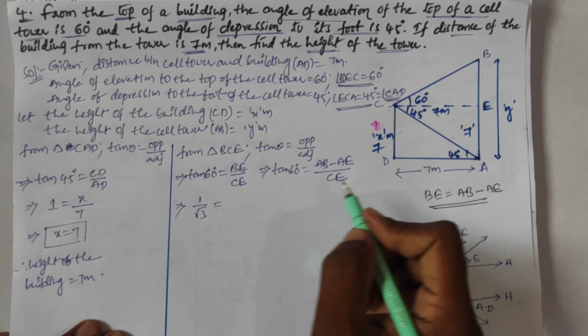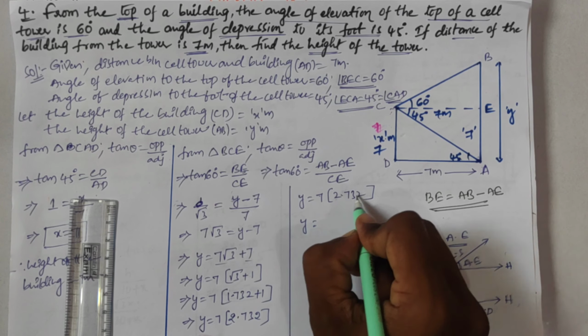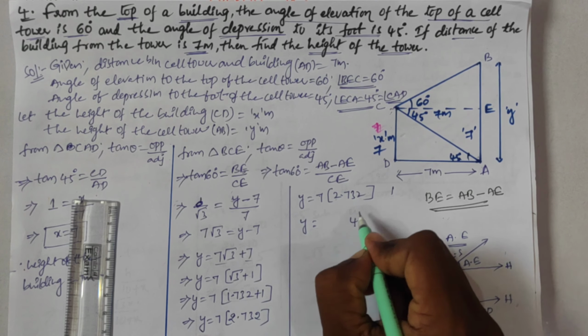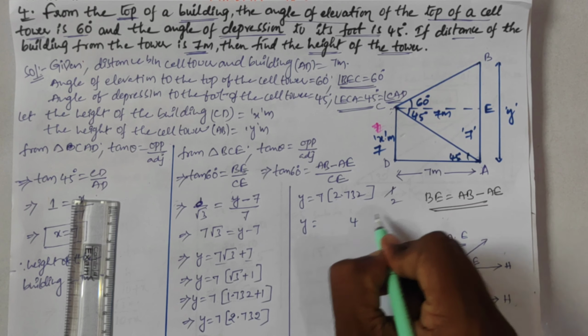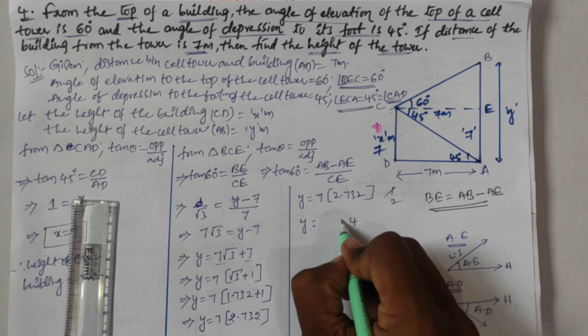Then Y equals 7 into 2.732. Now doing multiplication here, 7 2 is 14, 1 is a carry, 4. 7 3 is 21, 22. 7 7 is 49, 2 is 51. 7 2 is 14, plus 5, 19. After 3 values, decimal point.